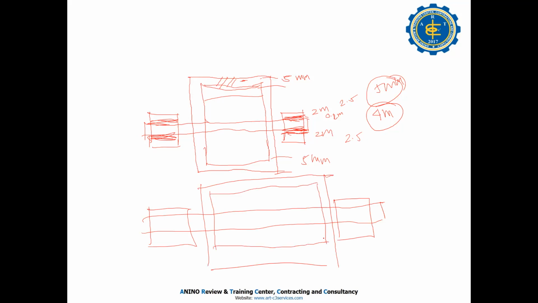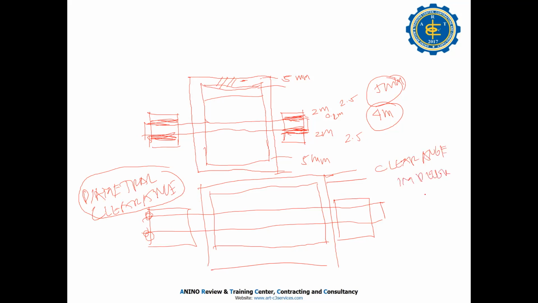During shutdown or when you install a new turbine, you must know the diametral clearance. You put it right down. You must know this one, and you also know the clearance between the impeller and the casing.